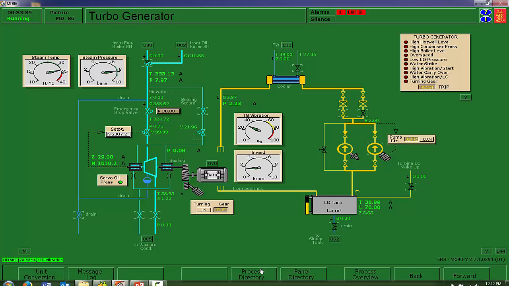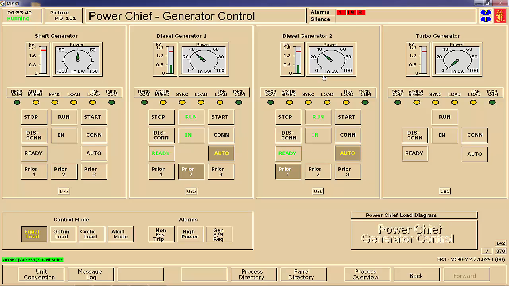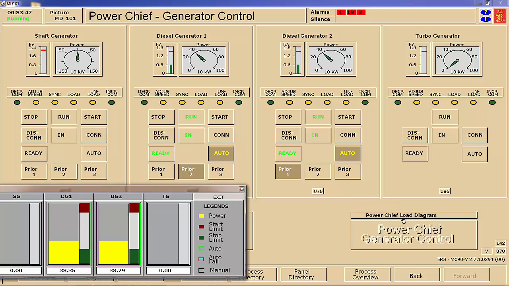So let's talk a little bit about why we're putting this generator on. Now you notice with the loads that we have, we're right now running 2 generators. This Power Chief load diagram is giving you a visual representation of how the power management system works. These are number 1 and number 2 generators, the loads that are on them.